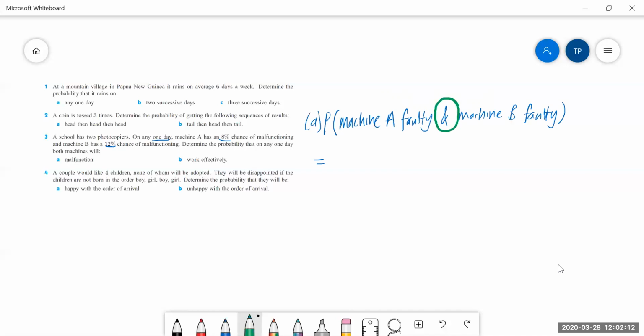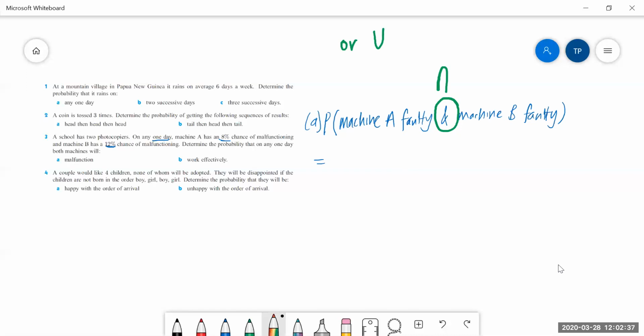If you use machine A faulty or machine B faulty, you will be adding the 2 probabilities. If you use machine A faulty and machine B faulty, you are talking about intersect. If it's an OR, it's like union.